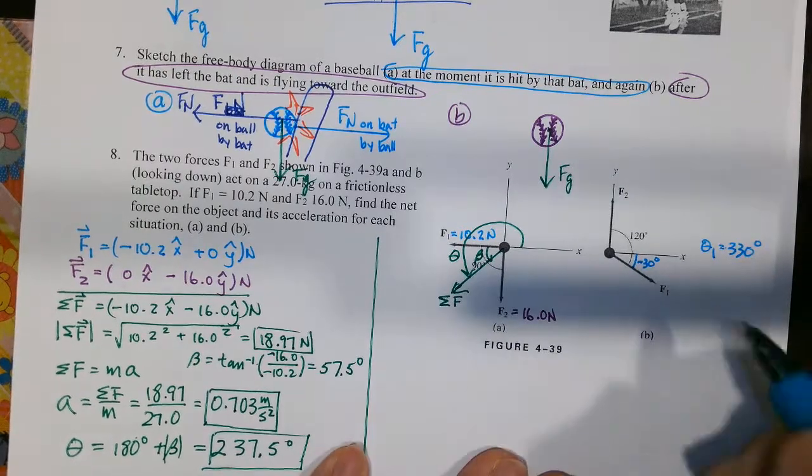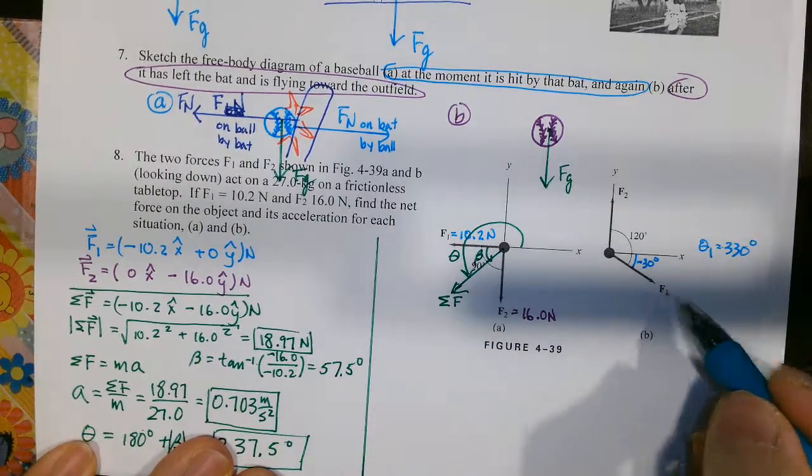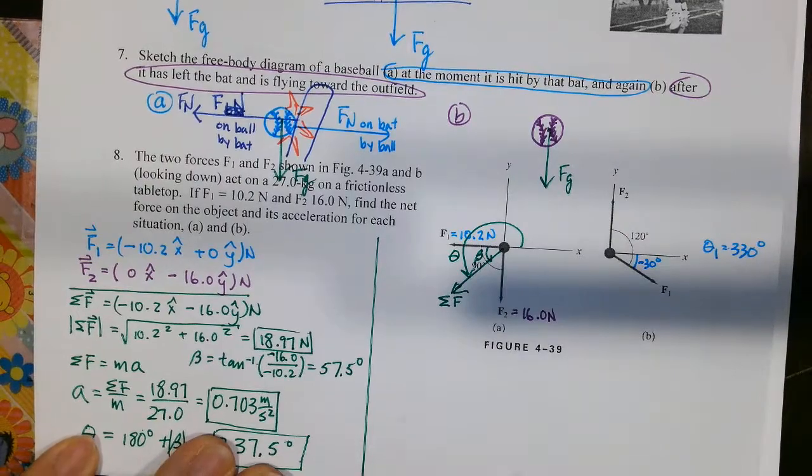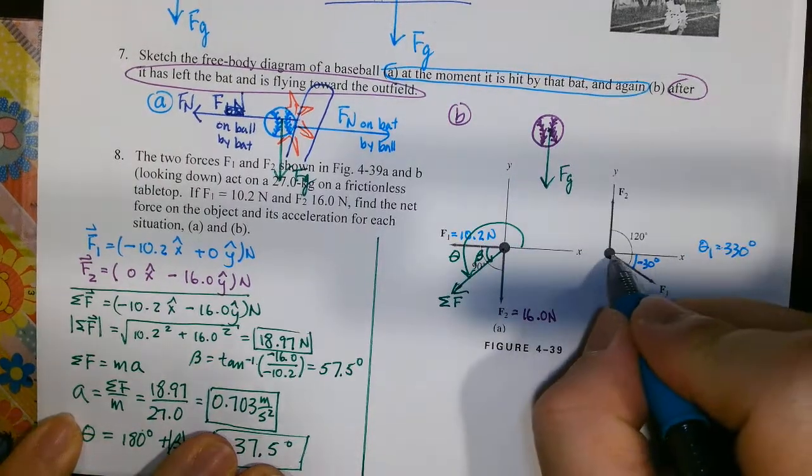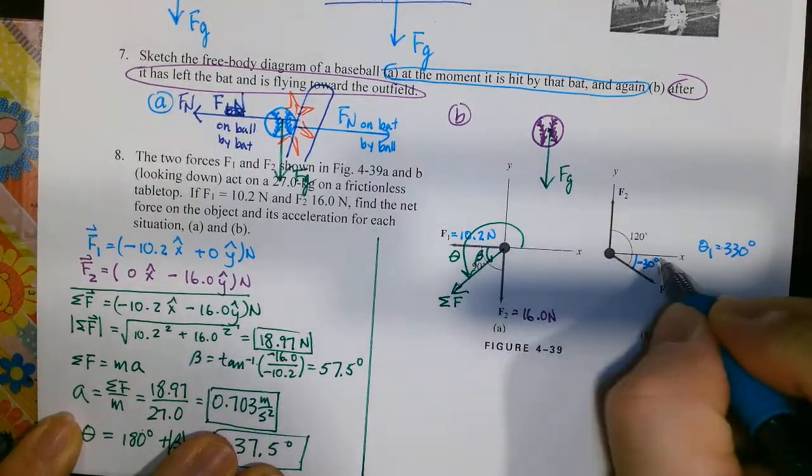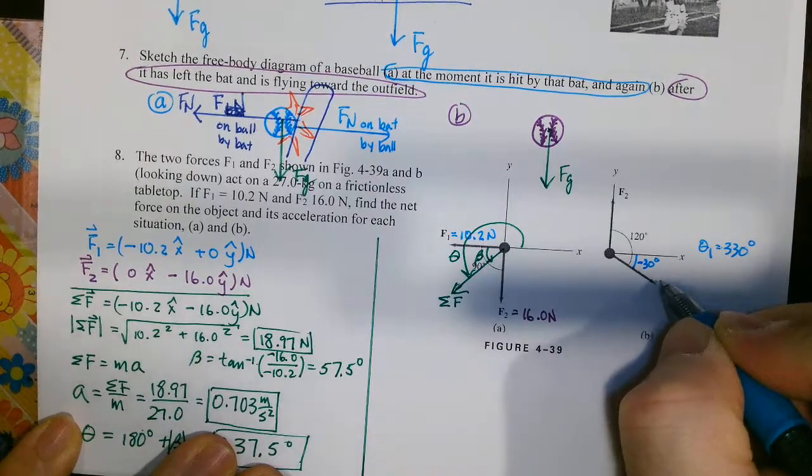So let's find the components of F1. F1x is this way, and F1y is this way.